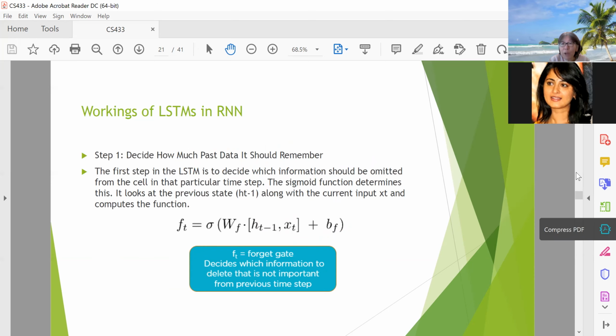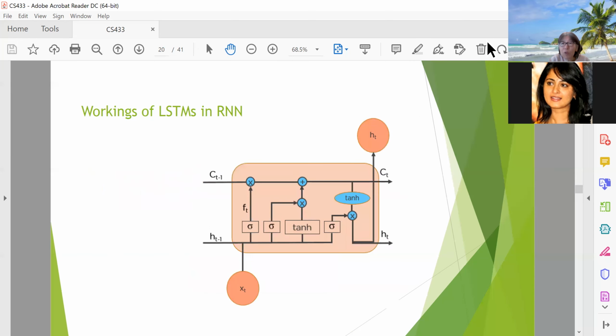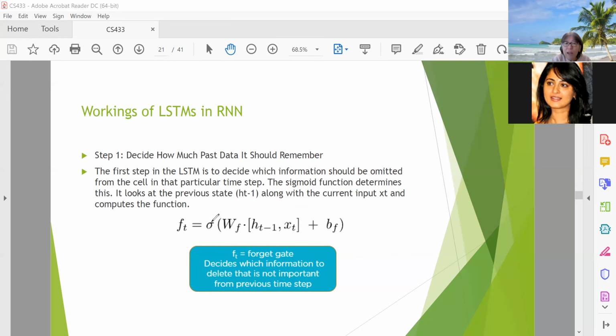If we go back to the previous one, this means some operation for the current time step. So how does LSTM work?